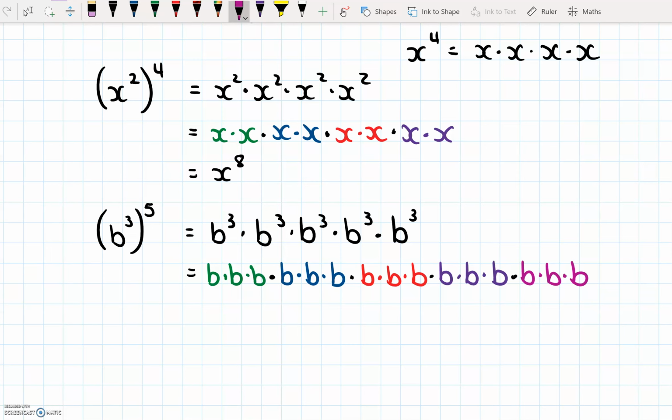Okay, so how many b's do we have in total there? How many times are we multiplying b by itself? If we count them all up, you'll see that it is equal to b to the power of 15.